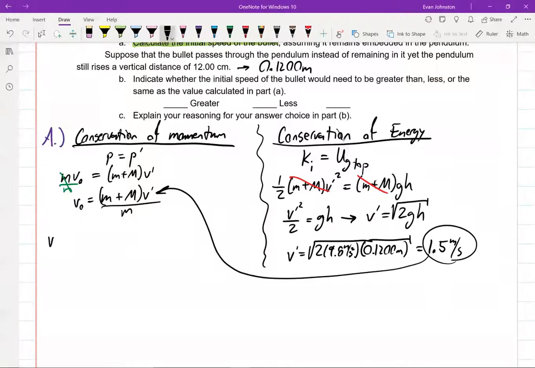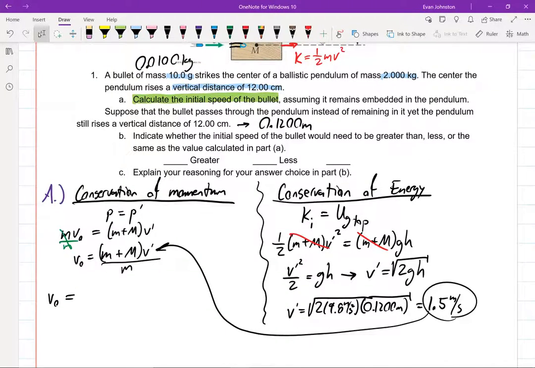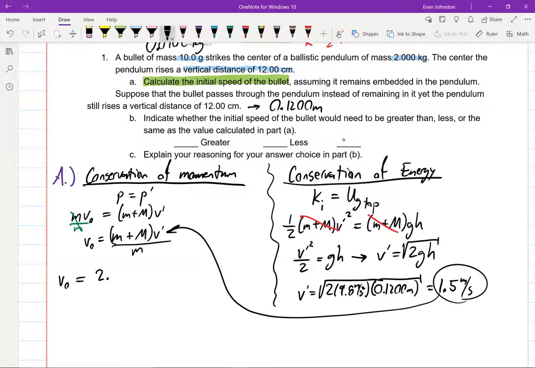And so to plug in, I'm going to add my masses together now, 2 kilograms plus 0.0100, we end up getting 2.0100 kilograms times 1.5 meters per second over 0.0100 kilograms.